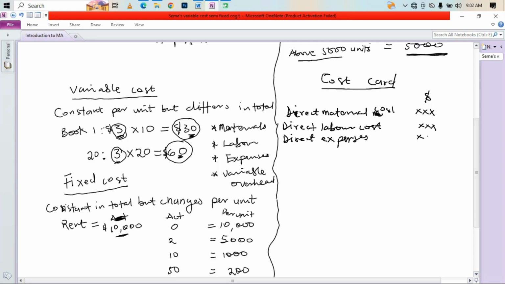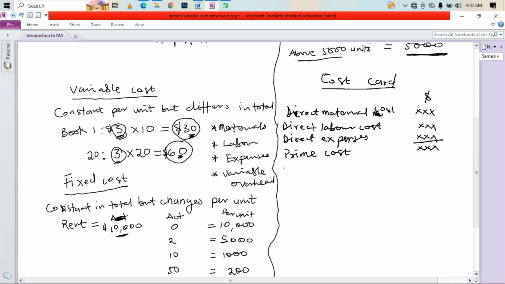And if you add all the direct elements of cost, what you get, we call it prime cost. So this is prime cost. The prime cost is the aggregation of all the direct elements of cost.